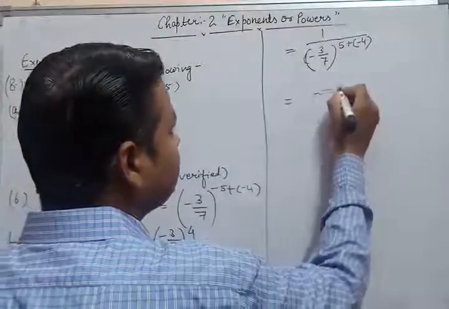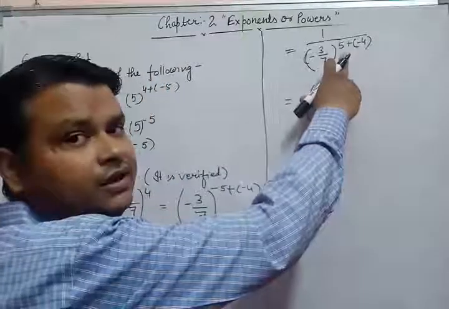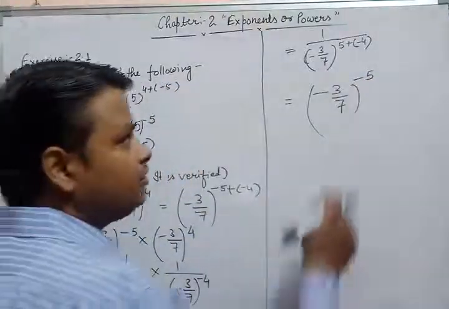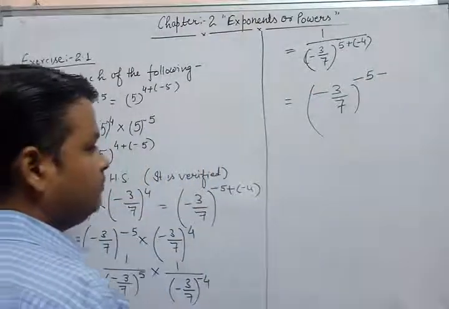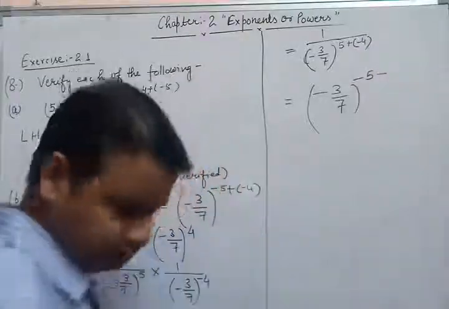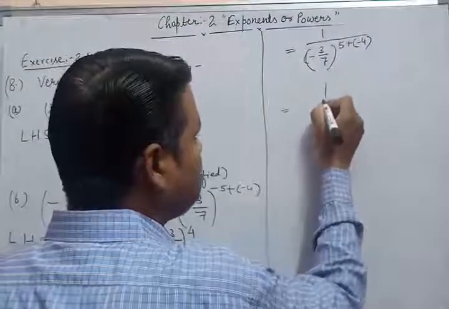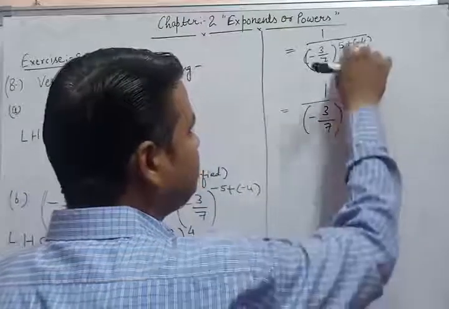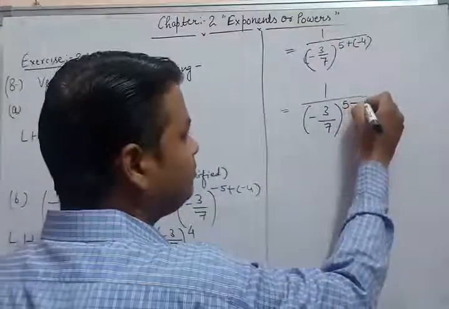Then here we can write minus 3 upon 7 to the power, here 5 is given as positive, then we can write minus 5, and plus into minus, we multiply, then we will get minus 4.